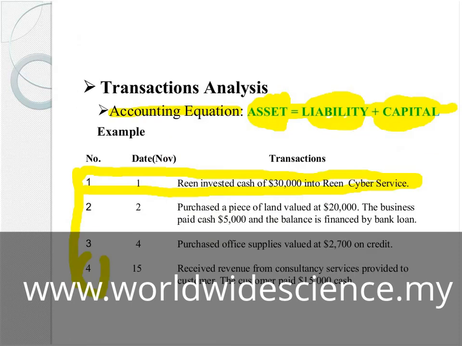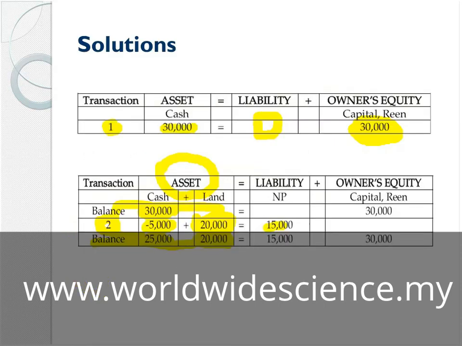We bought the land for 20,000. The business paid cash 5,000, and the purchase of office supplies at 2,700. So here is liability. Liability shows 15,000.